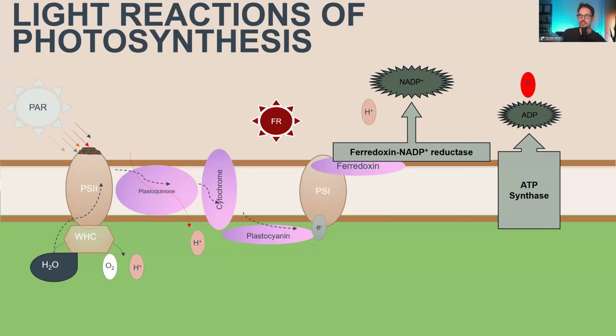But meanwhile, you'll notice that that electron is now hanging out at photosystem 1. And it could go on its merry way and go through photosystem 1 to ferredoxin NADP reductase. But it doesn't hurt to give photosystem 1 a bit of an energetic boost. So that's what I'm illustrating with far red here. And it's noteworthy that photosystem 1 can be energized with PAR light, but it can also be preferentially energized with far red, whereas photosystem 2 can't be.